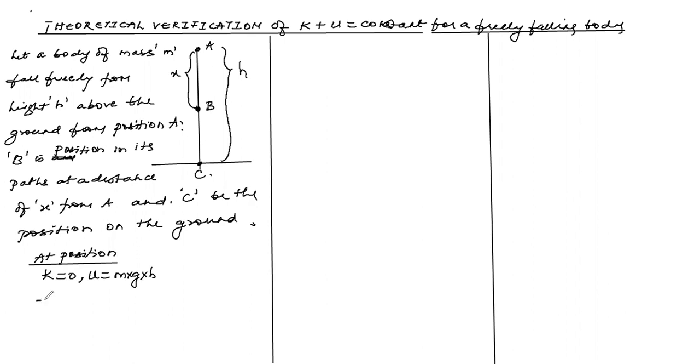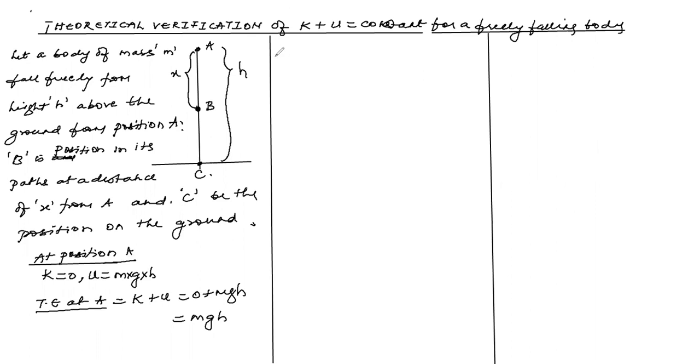So the total energy at A will be equal to K plus U, 0 plus mgh, which equals mgh. So remember, total energy at A is mgh. Got it? The total mechanical energy at position A is mgh.